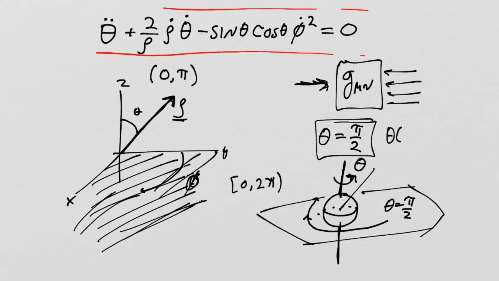So we are going to stipulate that the latitudinal angle variable is equal to pi over 2, and it's a constant. And so right away, when we make that decision, we know that if it's a constant, its time derivative is 0, so this term goes away.